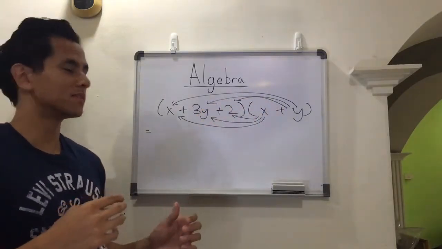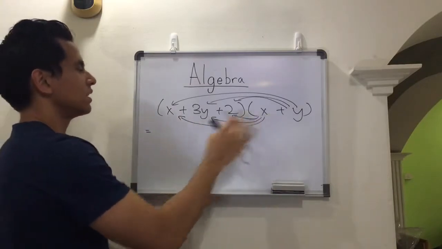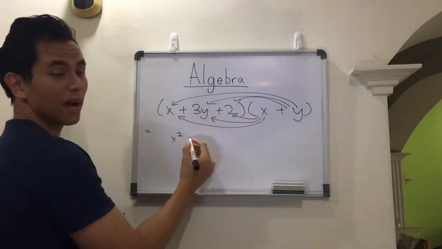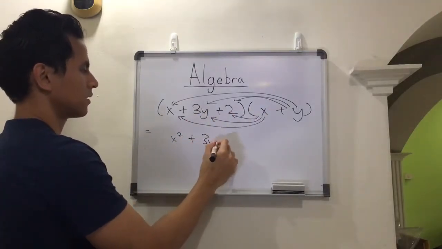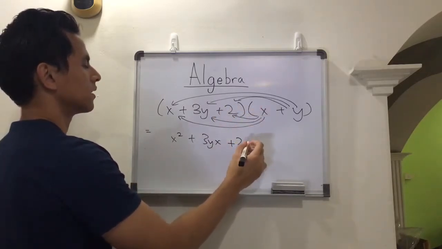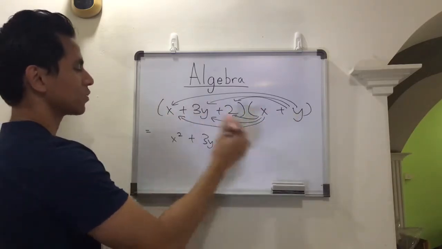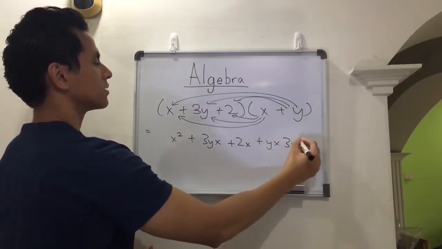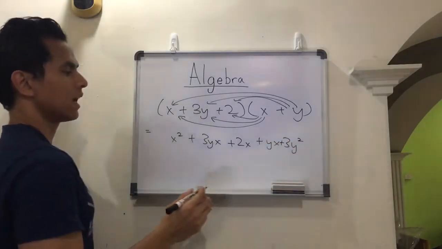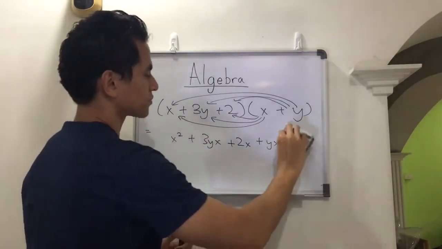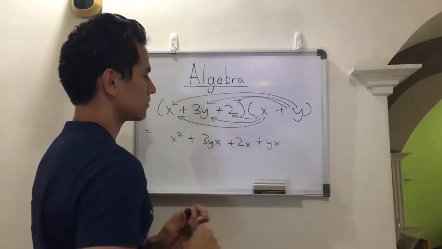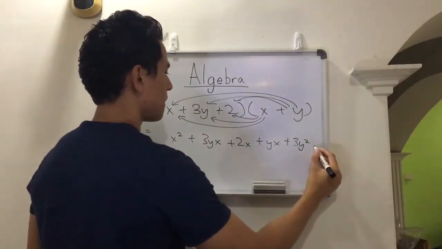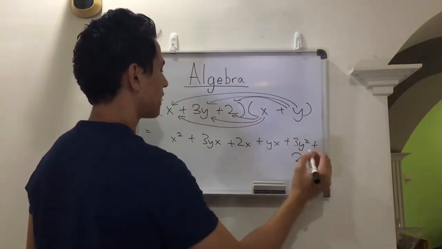So we'll get the first one, x squared, plus 3yx, plus 2x, and then plus y times x, which is plus yx, plus 3y squared, plus 2y.